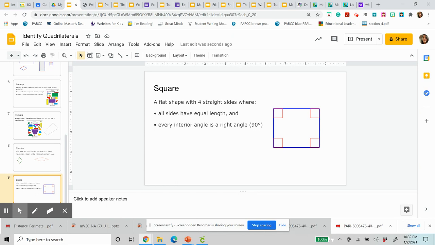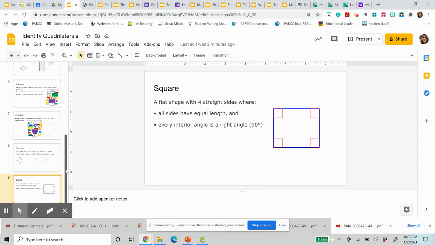So angles are measured in degrees. And a right angle is 90 degrees. And sometimes it'll show with this little square, which to me looks like little baseball bases. But if it has this on a shape, you know that they mean that it's a right angle. Okay.